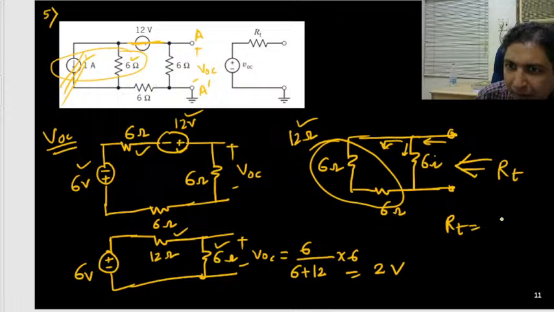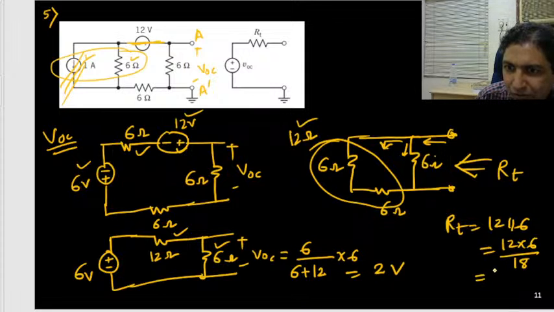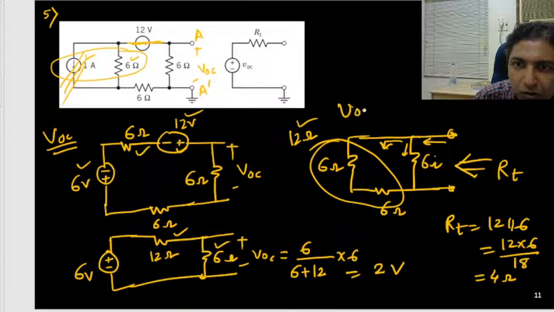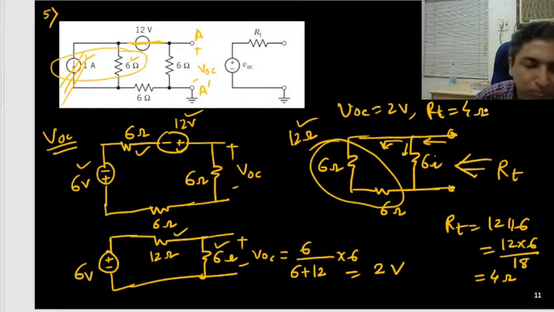So RT will be 12 parallel 6, that is your 4 ohm. That we have already computed. Good, very good. So VOC is your 2 volt and RT equals 4 ohm. Correct. So this is an easy problem.